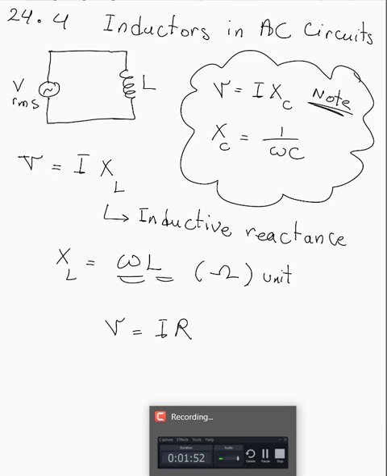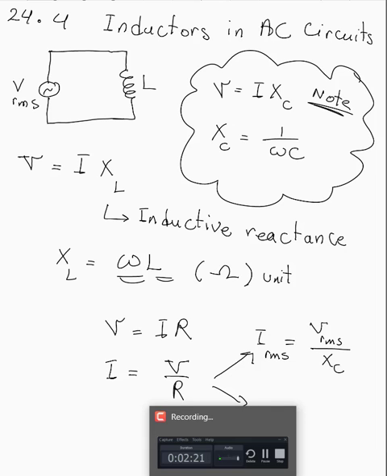Like the previous cases, if I want to find the current in such a circuit, I start with the general form of Ohm's law, and then I find I to be V divided by R. In the case that I have the capacitive reactance, that would be I RMS equals V RMS divided by XC.